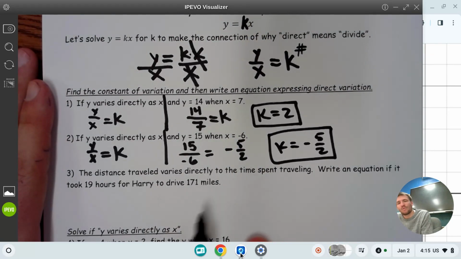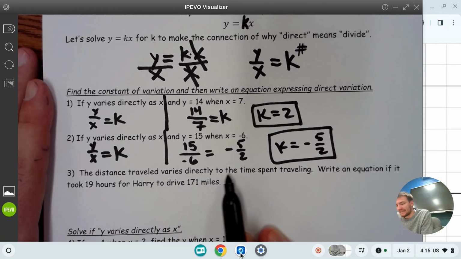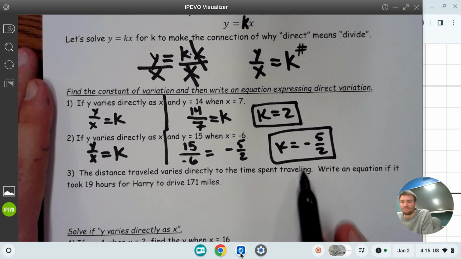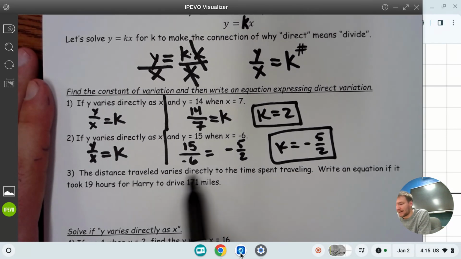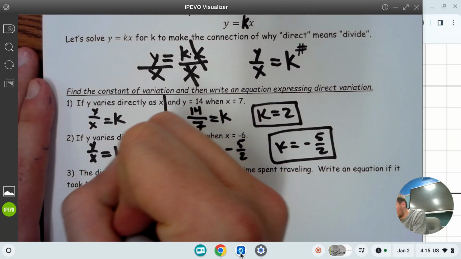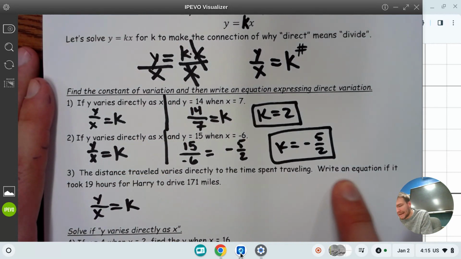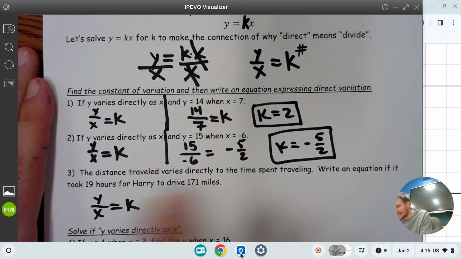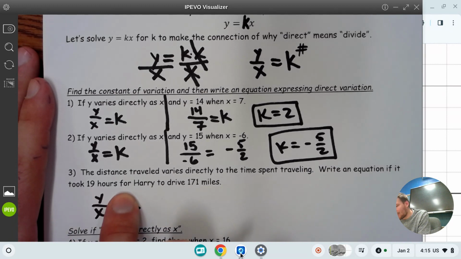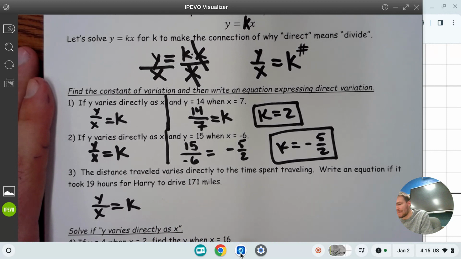We might get a little more wordy here, okay? The distance traveled varies directly to the time spent traveling. Basically, I saw these words right here, varies directly. So I'm going easy. Y divided by x equals k. Write an equation if it took 19 hours for Harry to drive 171 miles.